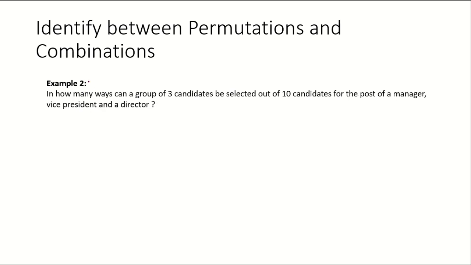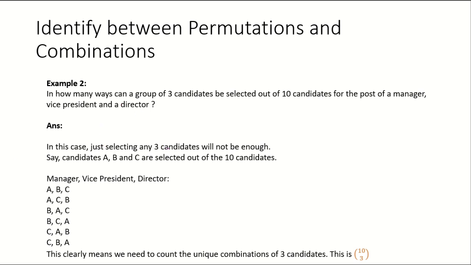Now, the same question in a slightly different way. In how many ways can a group of 3 candidates be selected out of 10 candidates for the post of a manager, a vice president, and a director? In this case, just selecting any 3 candidates will not be enough. So what I'm saying is just counting the unique combinations of 3 candidates, which is 10C3, is not enough.